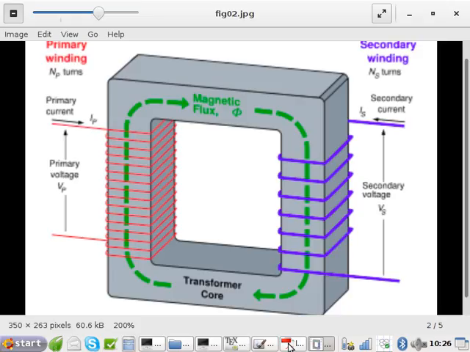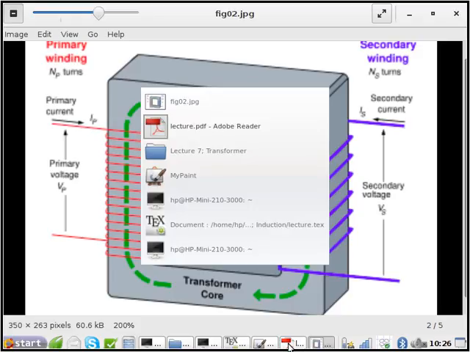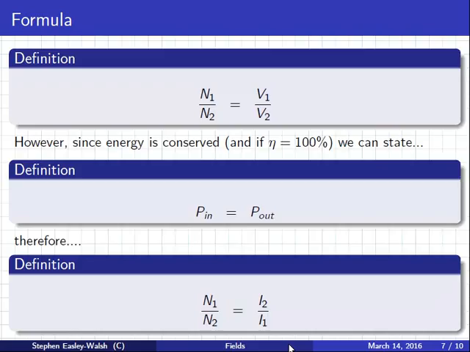Yeah, you could just divide them. N1 over N2, yeah. Okay, it becomes V1 over V2 equals minus N1 over N2. Yeah, so you should get this formula.